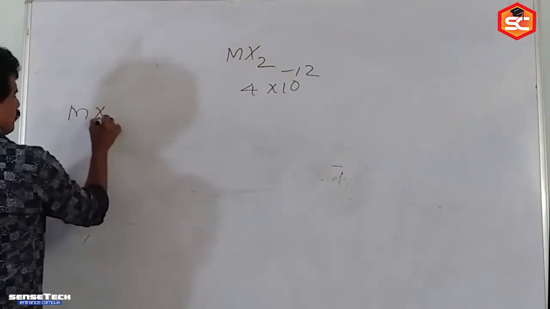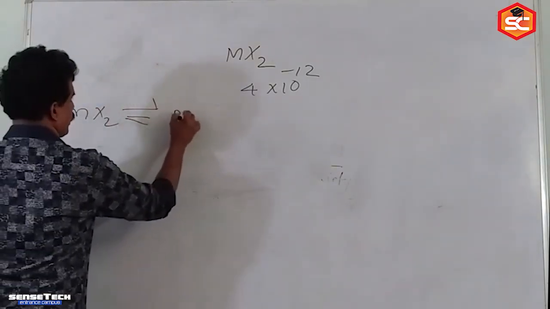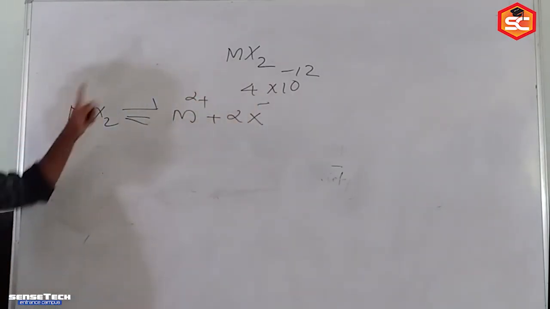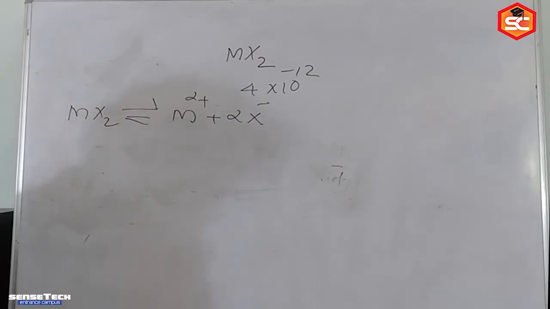MX2 reversibly gives M2+ and 2X minus. M2+ concentration, try it. Then what is the Ksp value?